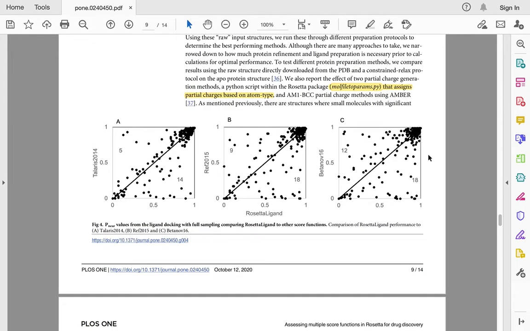So from these plots, if we only draw the conclusion based on the p-near values, we'll say Rosetta ligand is better than these 3 score functions because more dots lie below the diagonal line than above the line.